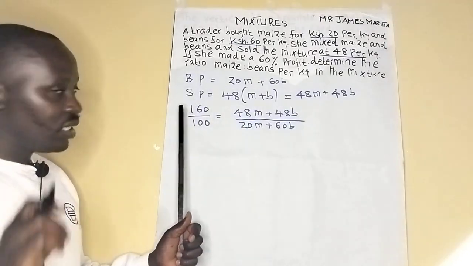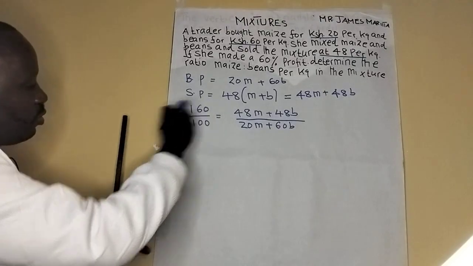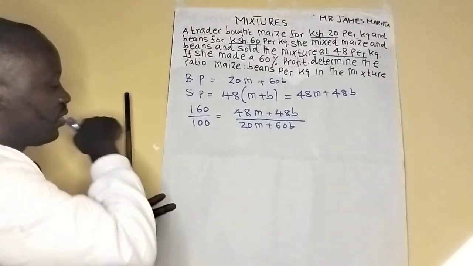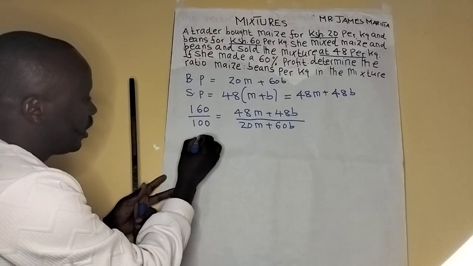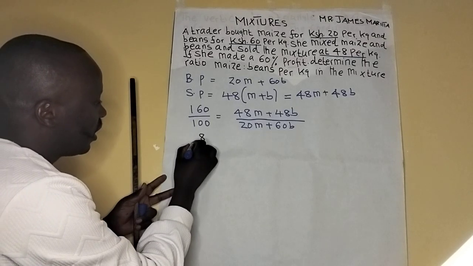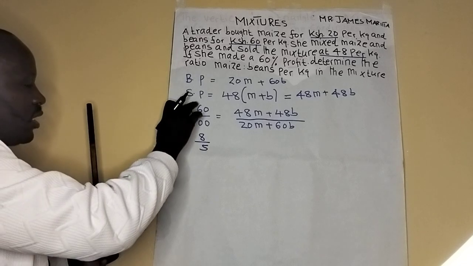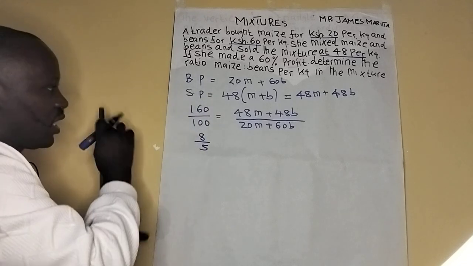That is why we have this 160 over 100. From here we can do cross multiplication, but we can simplify this first. Dividing by 20, 160 by 20 gives us 8, and 100 by 20 gives us 5.